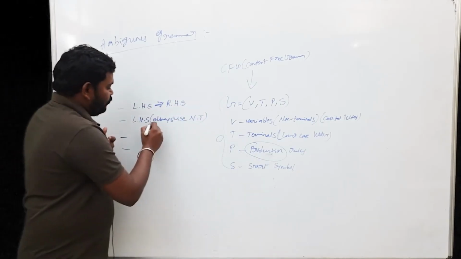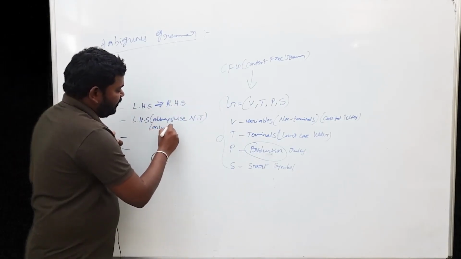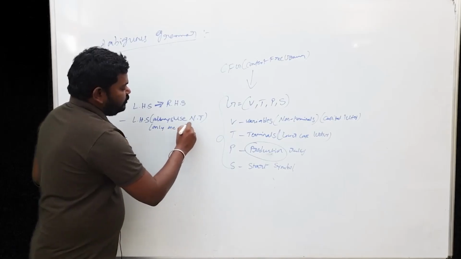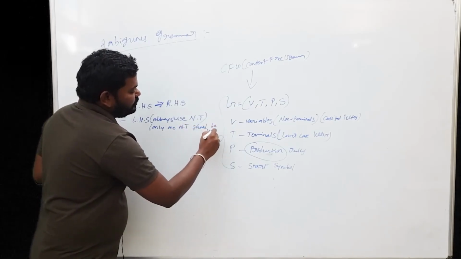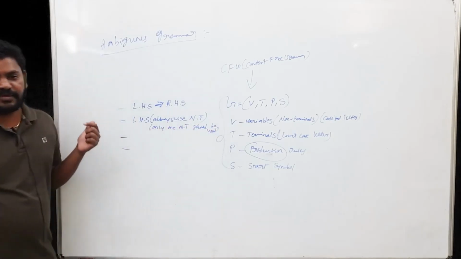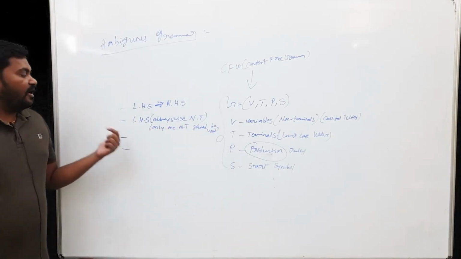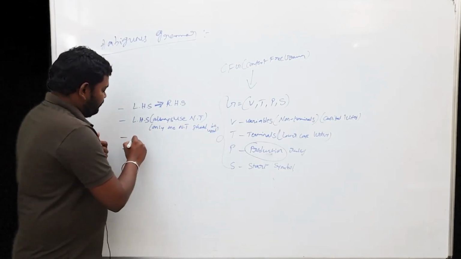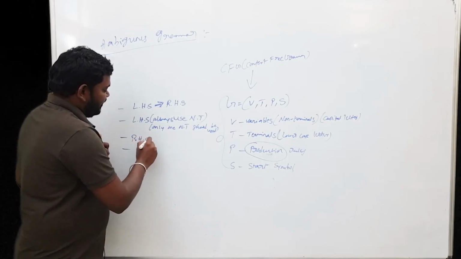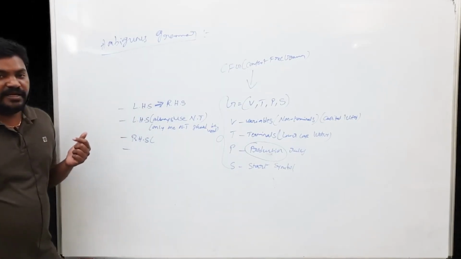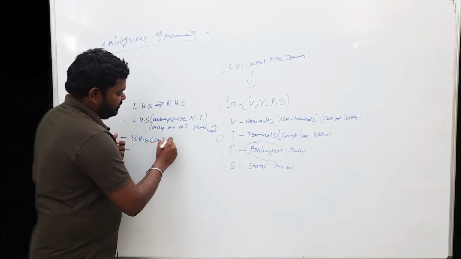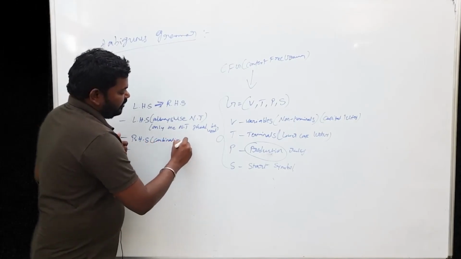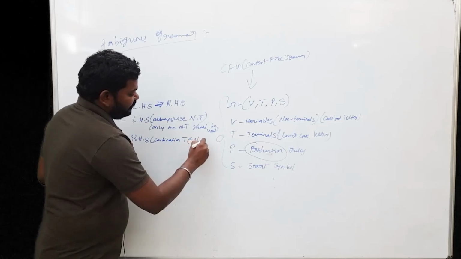That too, only one non-terminal should be used at the left hand side. And second, what can we place in the right hand side? It is a combination of any terminals and non-terminals.